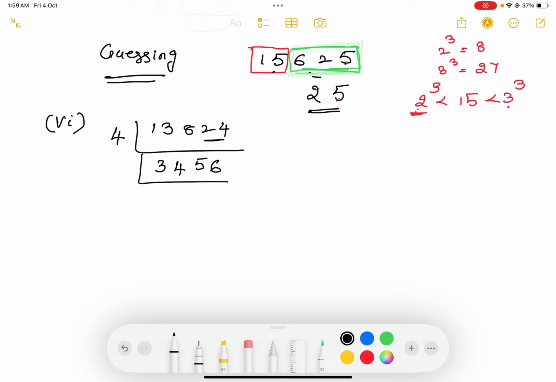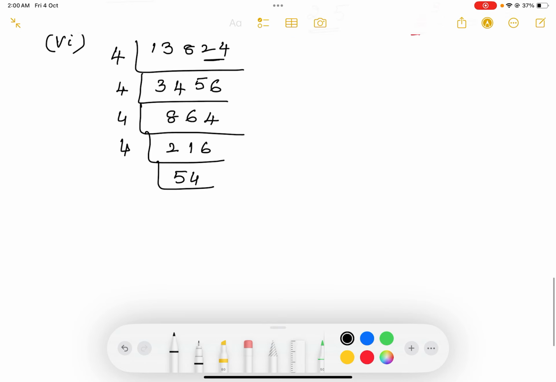Again, the last 2 digits are 56, so it is divisible by 4. So 4 8s are 32, 4 6s are 24, 4 4s are 16. Again, 64 is divisible. So 4 2s are 8, 4 1s are 4, and 4 6s are 24. Again 4 5s are 20, 4 4s are 16. Again, now it is divisible by 2 only.